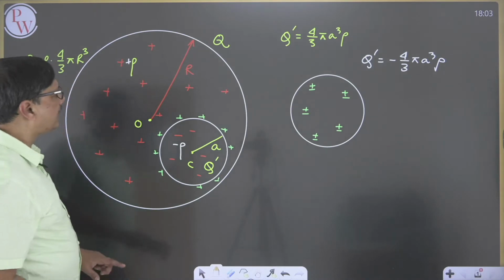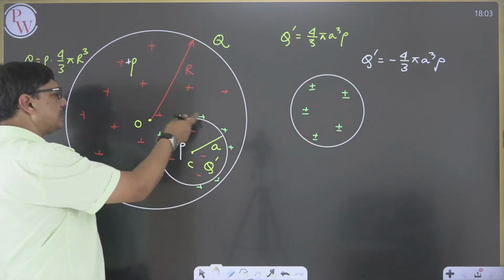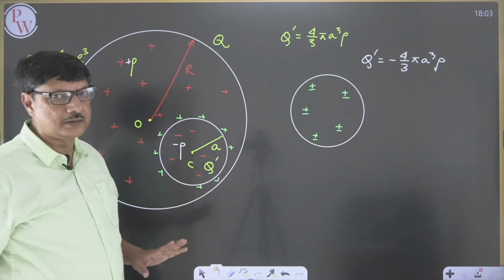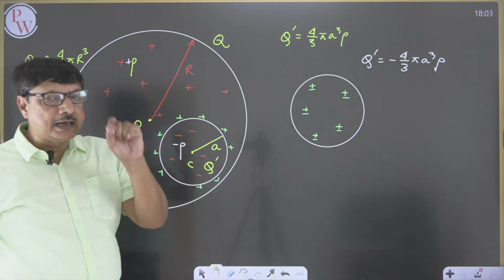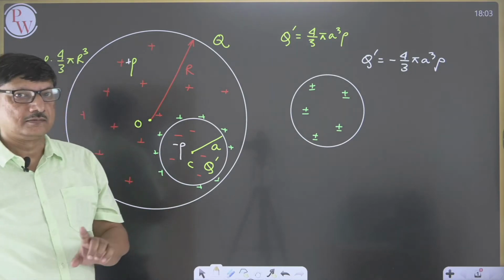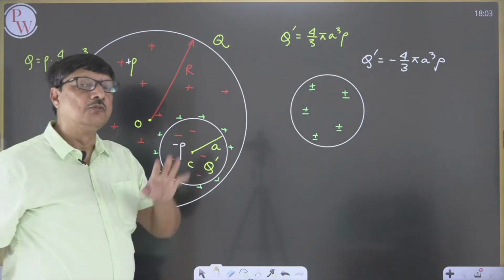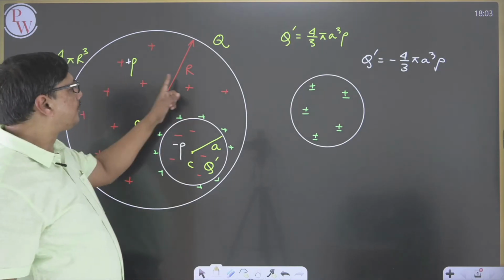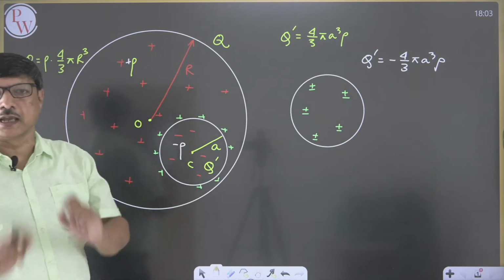So whenever within a non-conductor body we get a cavity, the cavity will contain negative charge density, but the value of this negative charge density will be the same as the positive charge density spreaded over all the body outside the cavity.